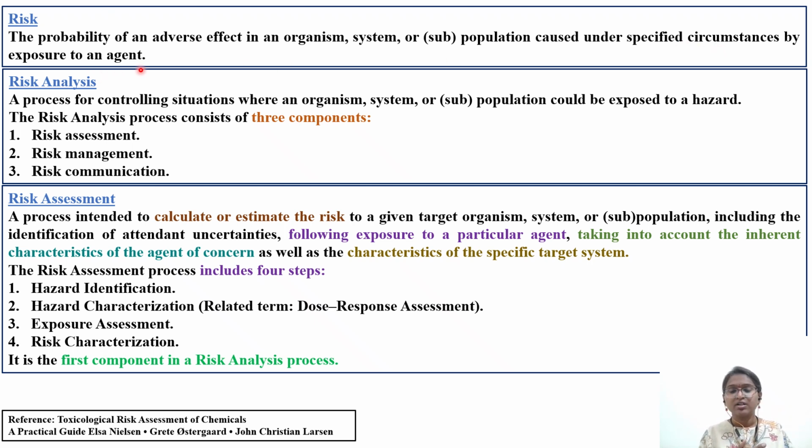To understand this risk, let us discuss some examples. For example, there is a certain laboratory, a certain pharmaceutical industry, working with some solvents like formaldehyde or styrene.